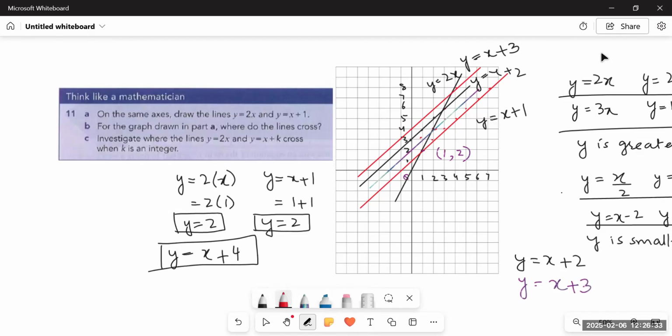And the line would cut at this point. You see? At this point where the value of x is 4 and the value of y is 8.